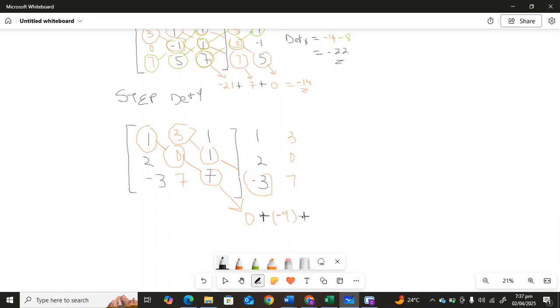Plus 1 times 2 times 7. 1 times 2, that is 2. 2 times 7, that is 14. So we're going to say 0 plus negative 9 plus 14, that gives you positive 5.